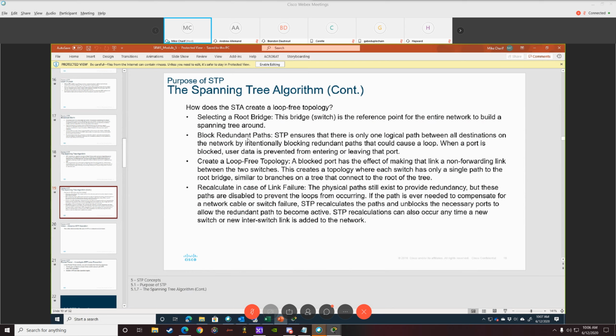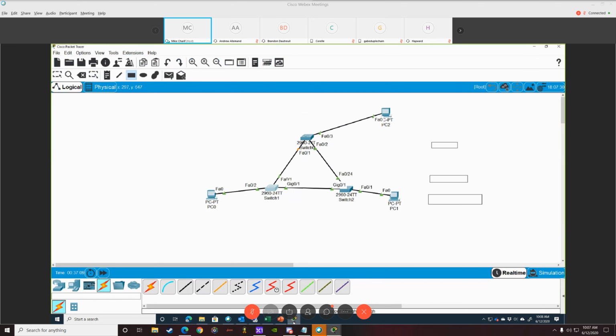We say block it, but we're not blocking it physically. We're blocking it logically. STP ensures that there is only one logical path. They don't say one physical path, they say one logical path. The physical wire is still there. Physically, this is still on, and this is still on.